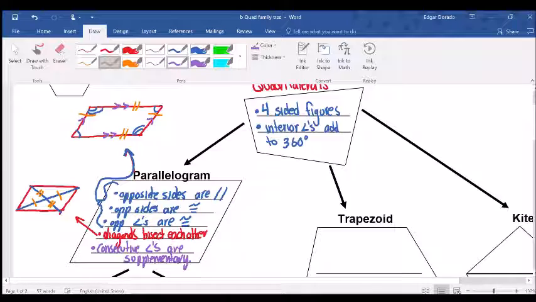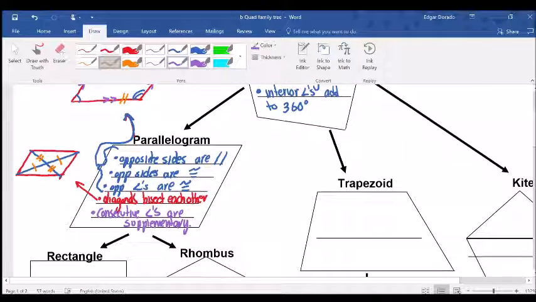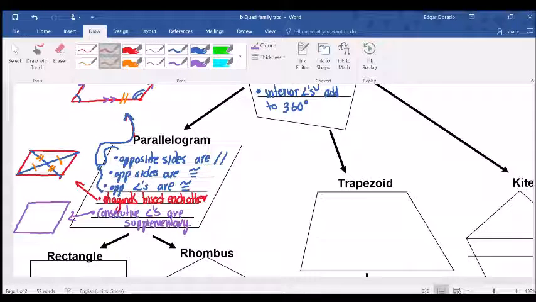And let me again show you that on a separate parallelogram here. Okay? So let me explain what this means. If my laptop were working. Okay, here we go. So what does that mean?